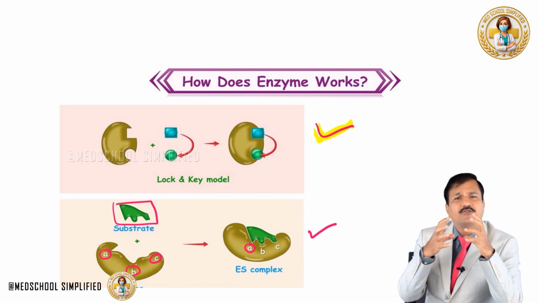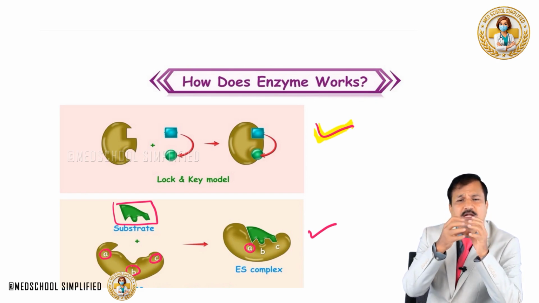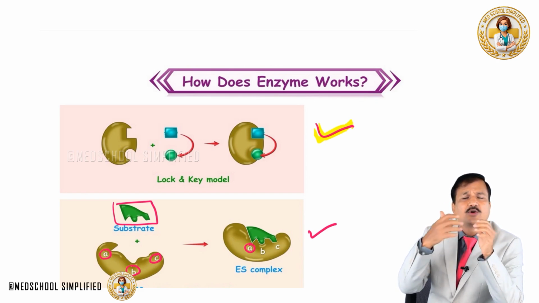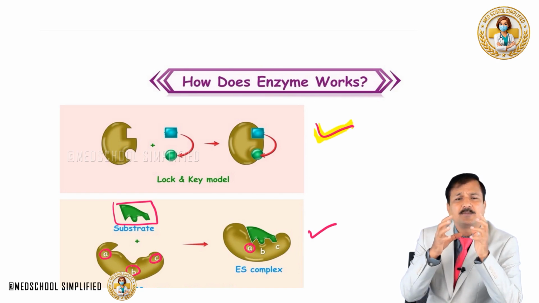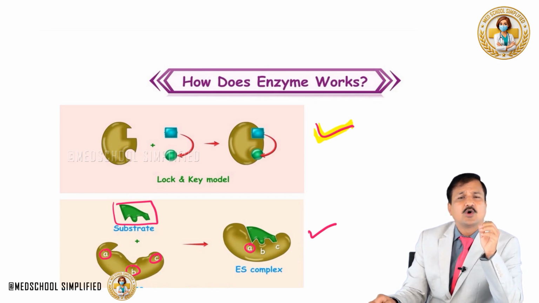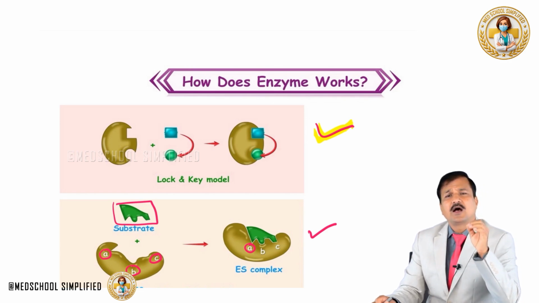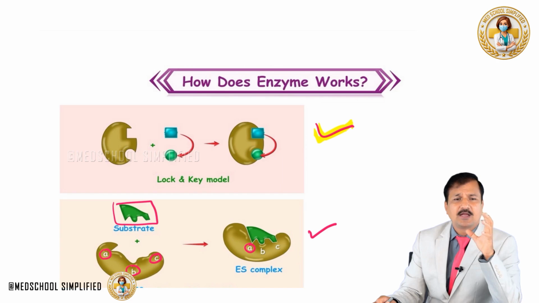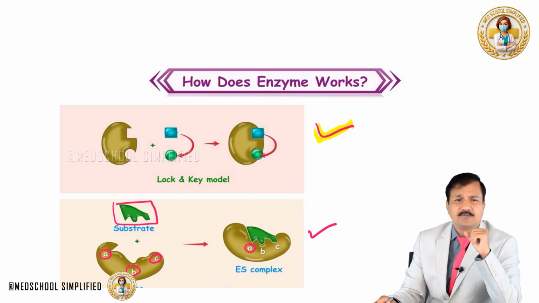So there will be a conformational change in the overall protein structure, particularly at the active site of the enzyme, so that the substrate is well accommodated and more bonds are formed between the substrate and the enzyme. That type of dynamic model was explained by Koshland, and it is referred to as Koshland's induced fit model. This is the model that can explain how our body enzymes work, and this is the most accepted model for the mechanism of enzyme action.